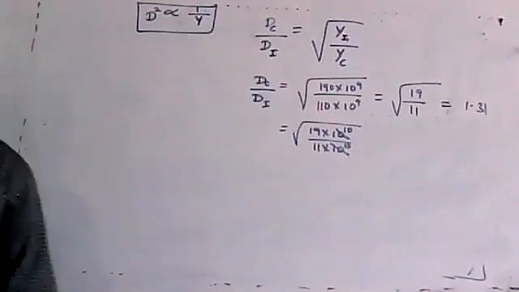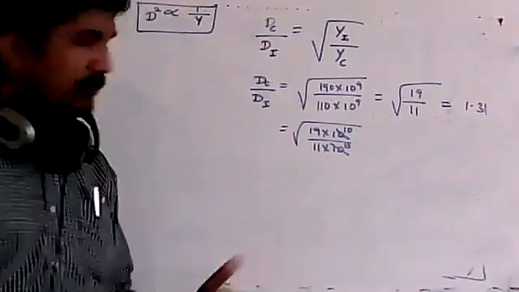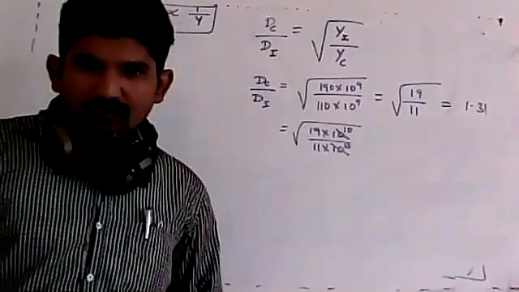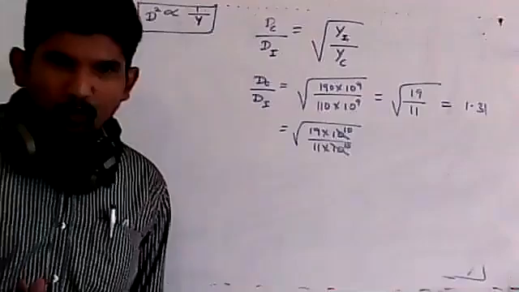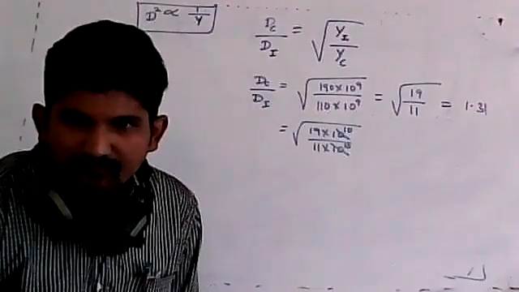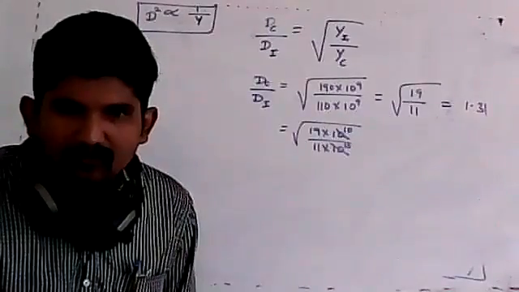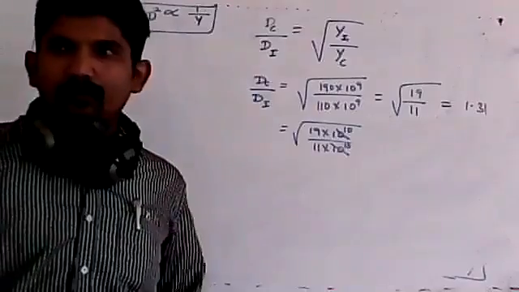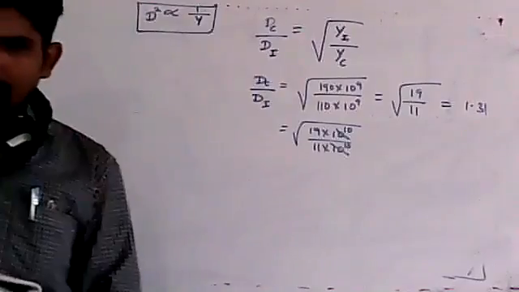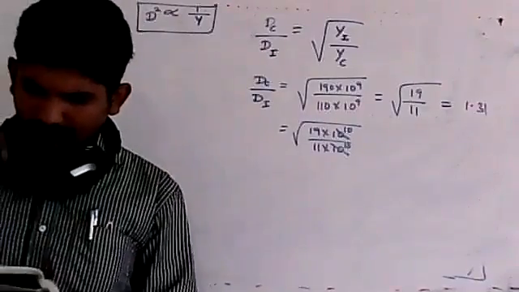Any other answer? Root of 1.72, right? That is 1.3 you will get. Maybe I am wrong somewhere, but I got this answer. Is it correct? The root of 1.72 value is 1.31. Yes, good. Everyone getting it? Anirudh, are you getting the answer or not? Just tell me fast.